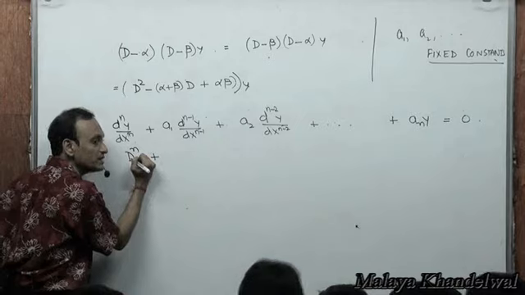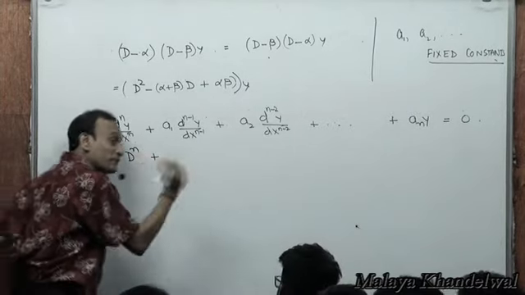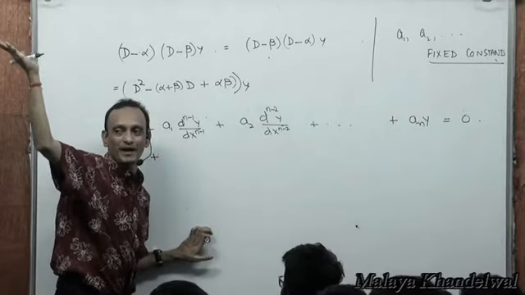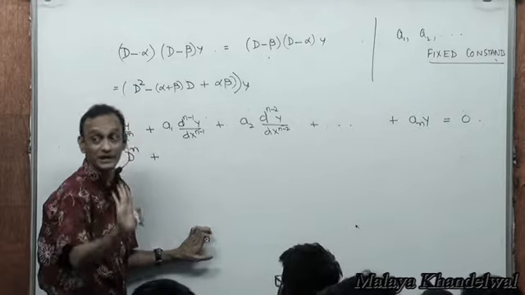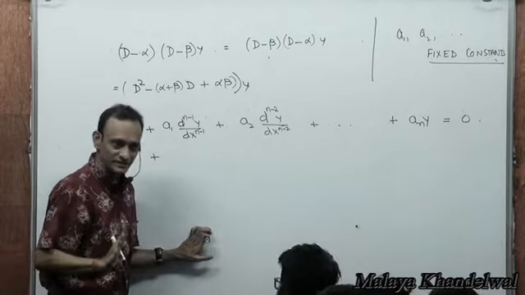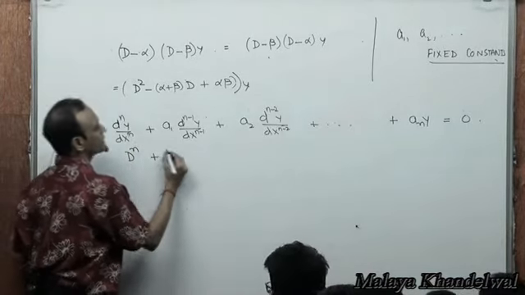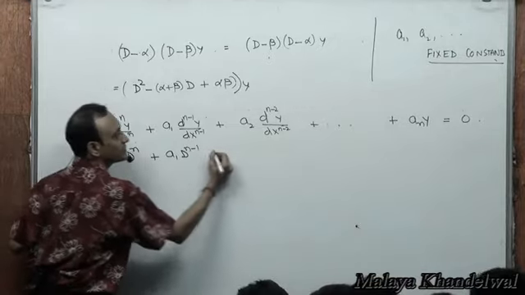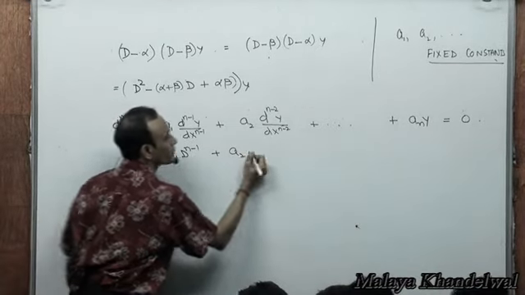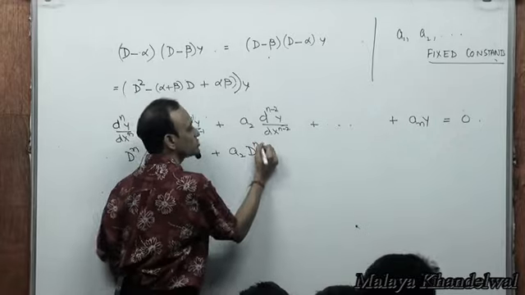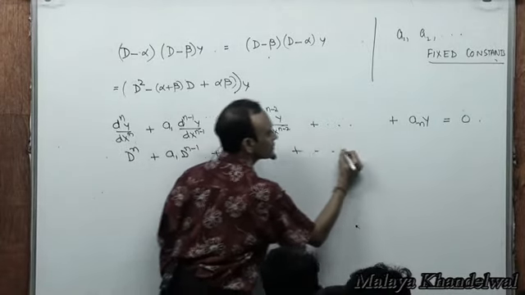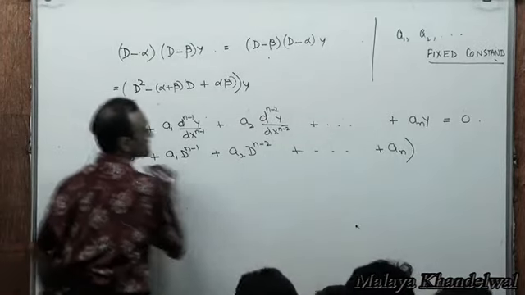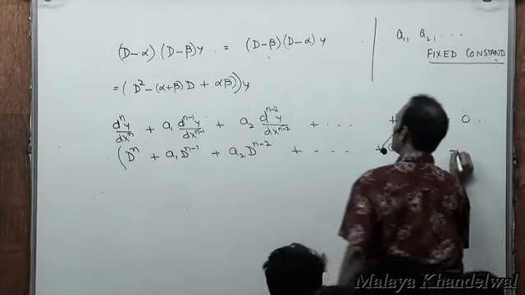It's not d to power n, it's differentiating n times. But when I multiply, I can look upon this as d to power n. But when differentiating, it means the nth derivative. Plus a1 times the n minus 1th derivative plus a2 times the n minus 2th derivative plus an, all of this acting on y equal to 0.